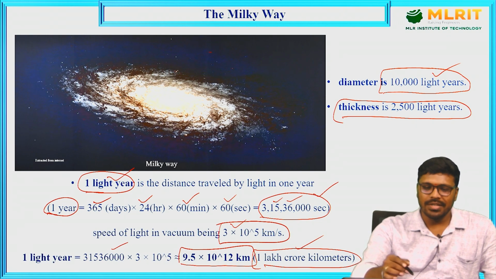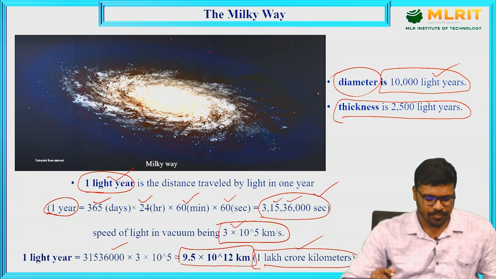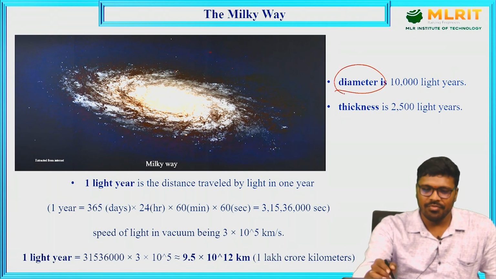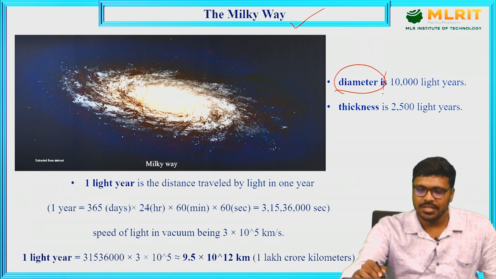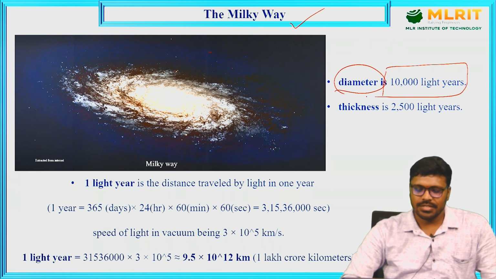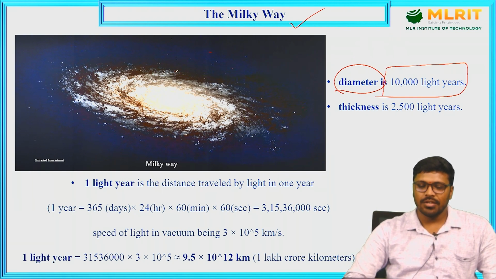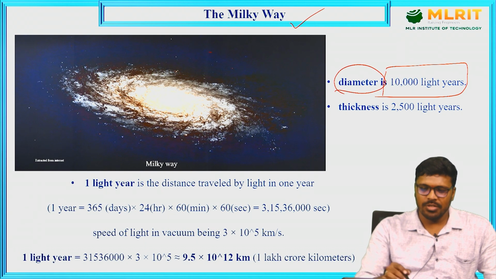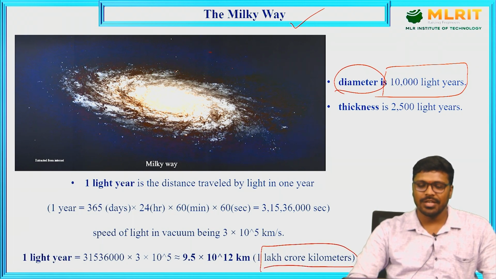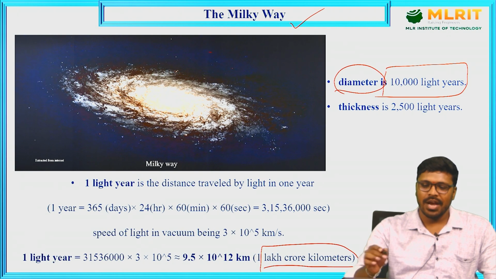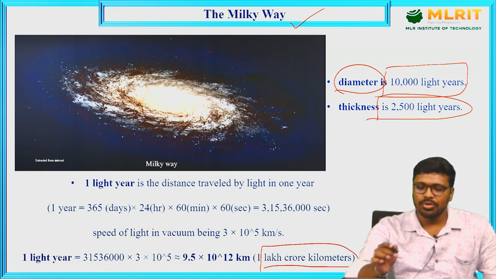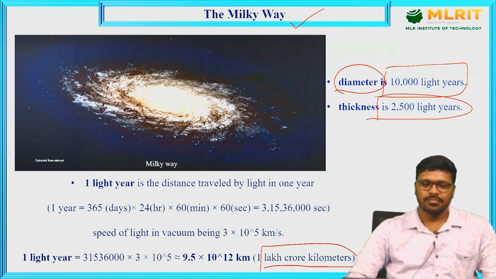If you go to the diameter of our Milky Way galaxy, that is 10,000 light years. That means almost 10,000 lakh crore kilometers is the diameter of the Milky Way galaxy, and the thickness is around 2,500 light years. Just imagine how big one galaxy is.